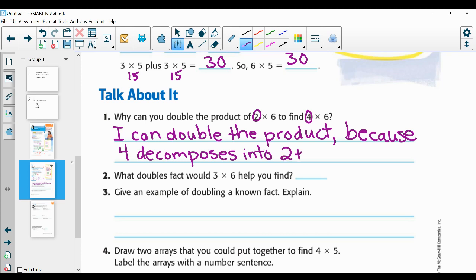And you could say doubling the 2 equals 4.